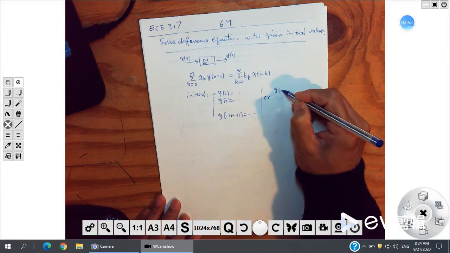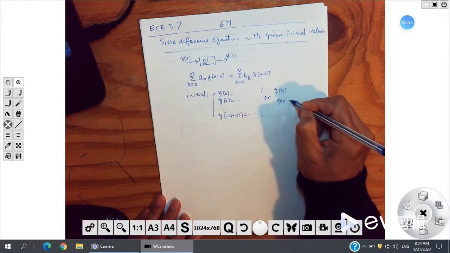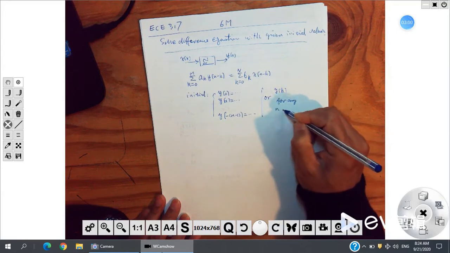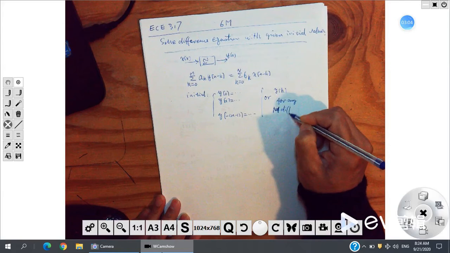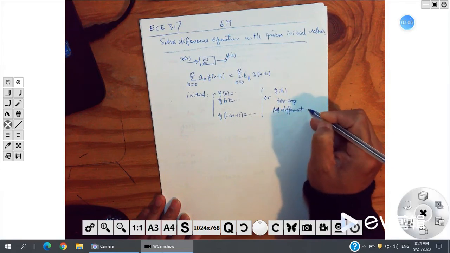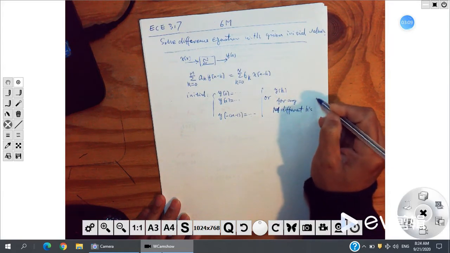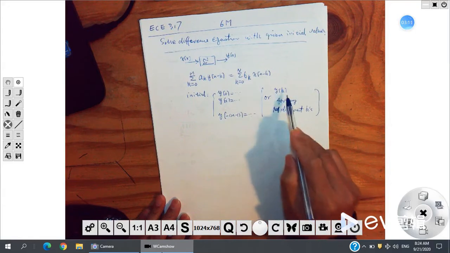So we can also use y of some other k, for any different case. The initial values you can choose freely.